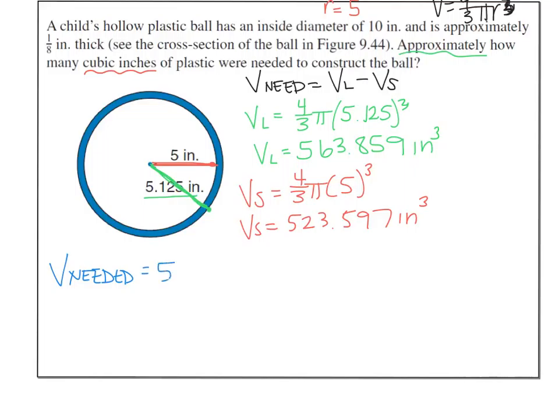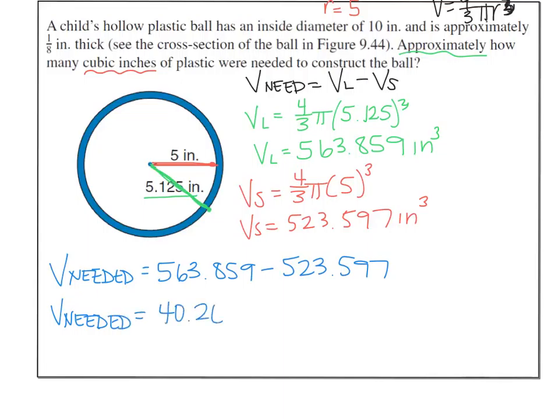So bigger minus smaller, 563.859 minus 523.597. And so the volume that I need, or the cubic inches that are needed, would end up being 40.260 inches cubed.